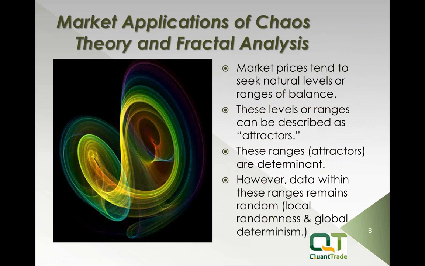So in this fashion, error actually works for us. But once the price range is determined, we can use these ranges or these levels for future forecasting. So the Chaos Barometer uses fractal attractors in its design for identifying areas that are likely to attract price once certain other areas have been breached.